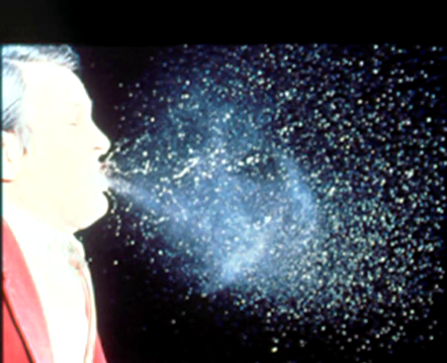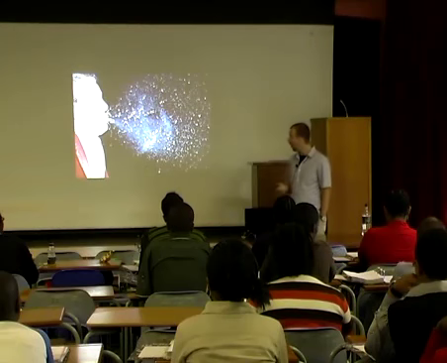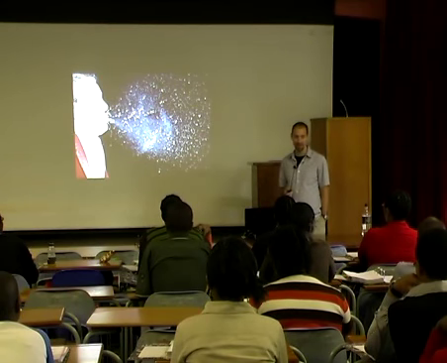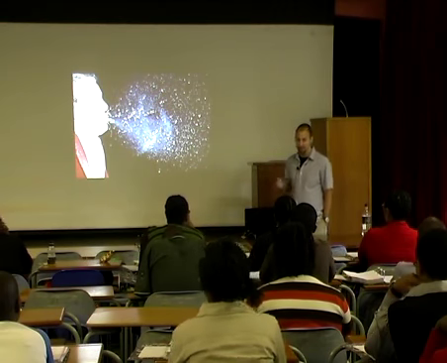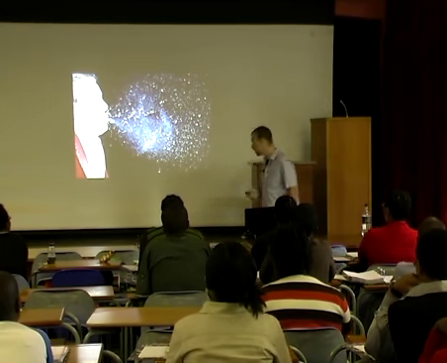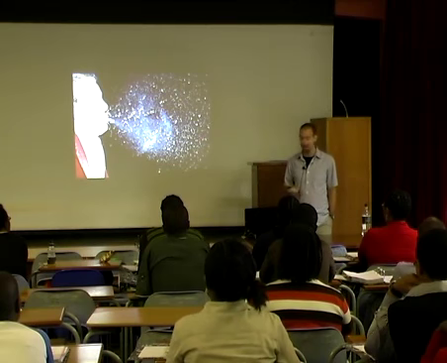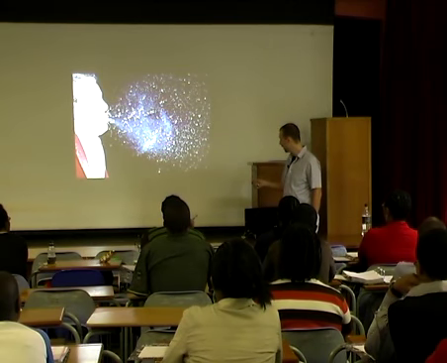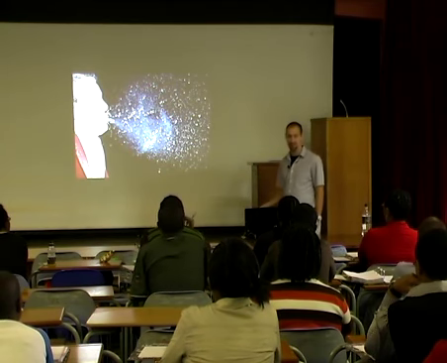And so you can see the number of particles that's released in a sneeze or a cough is a lot. It's extreme. All of these things would be infectious and contagious in a person who has TB. But this picture doesn't even tell the full story. Because most of these particles, this thick cloud here, they're big, and they drop right to the floor.